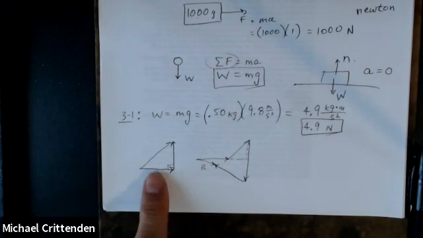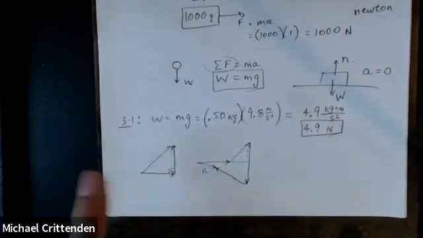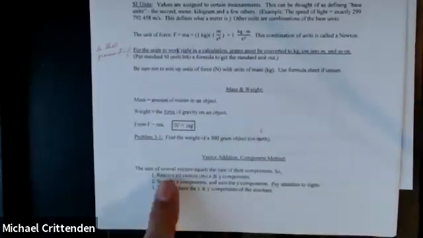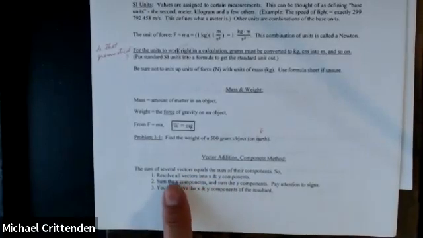And the thing about the x and y components is they are perpendicular. So you can use the Pythagorean theorem and all that good stuff. So that's kind of the thinking behind it. To cook that down into a step-by-step recipe, to use the component method, first of all, you have to have components.